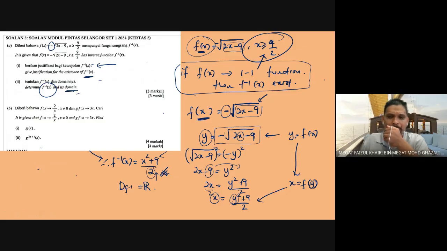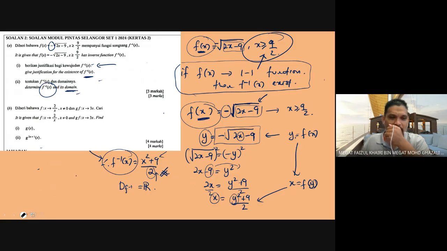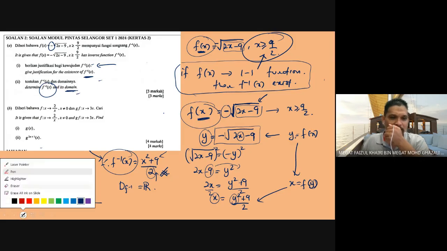By the way, I forgot something. Because this function f inverse, if I refer to the function f(x), has the domain x greater than or equal to 9 over 2. Wait, if I sketch the graph, no, because it's a negative there.